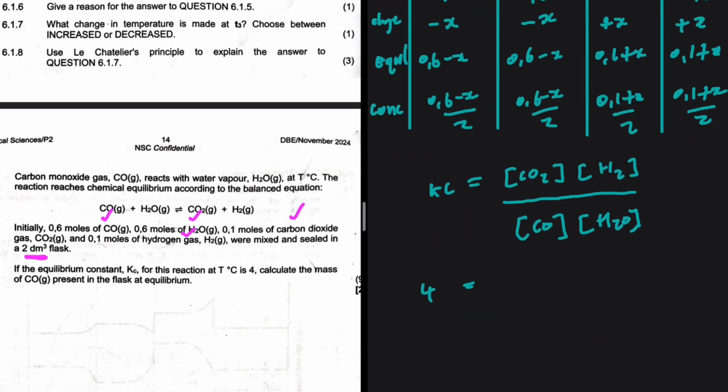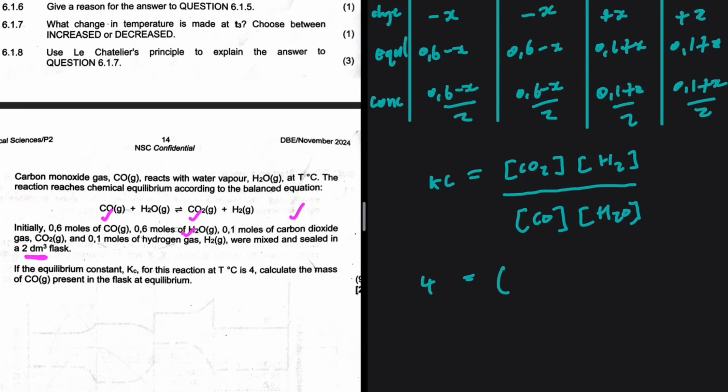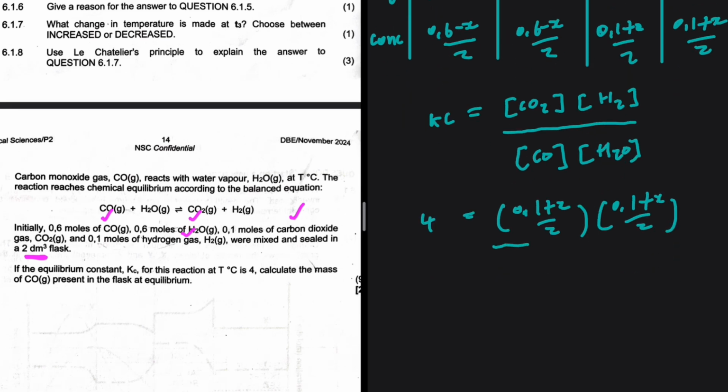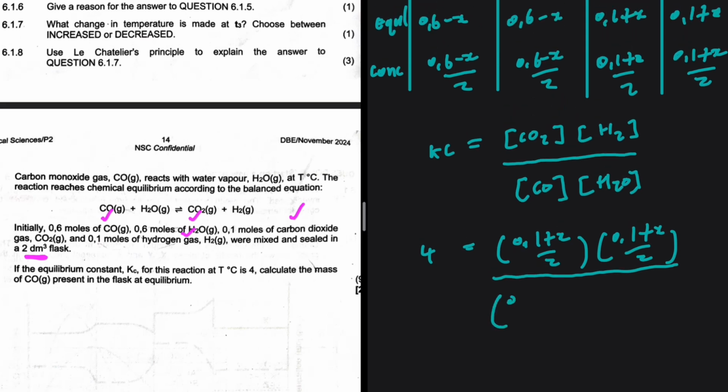Concentration of CO2 is 0.1 plus x over 2, and H2, 0.1 plus x over 2, everything divided by the concentration of carbon monoxide, 0.6 minus x over 2, and H2O, 0.6 minus x over 2.